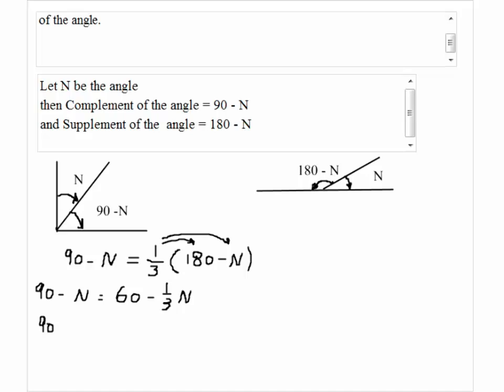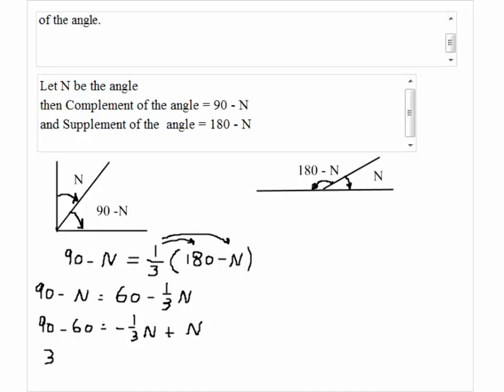So we have 90 minus 60 is equal to minus 1/3 n. If I add n to both sides of the equation, that becomes plus n.